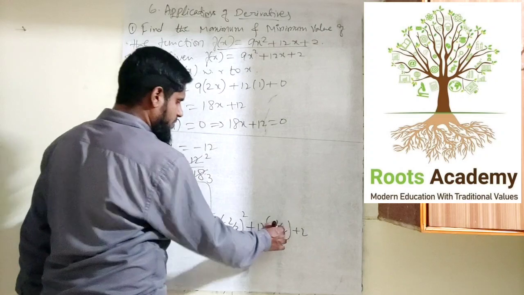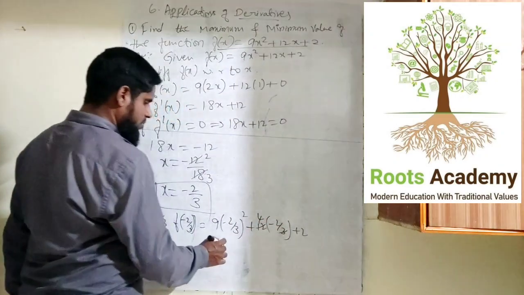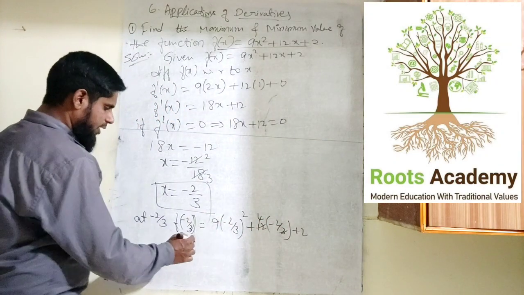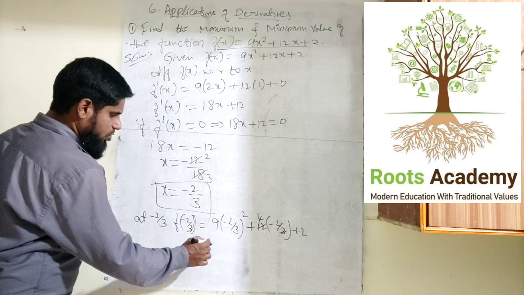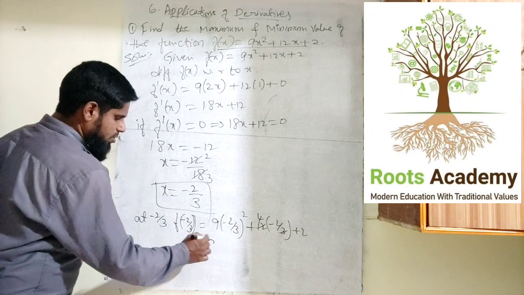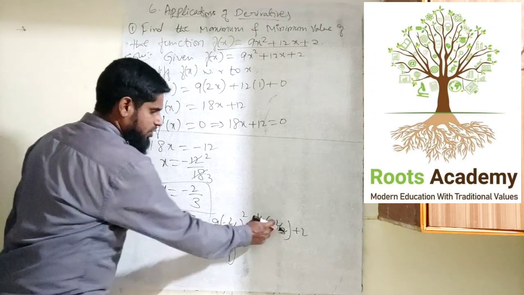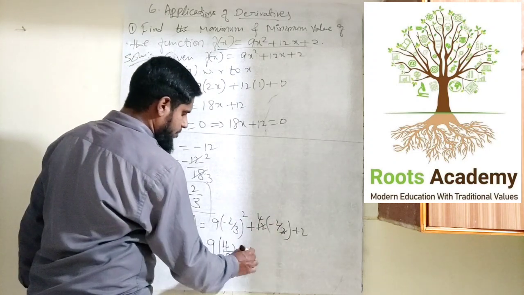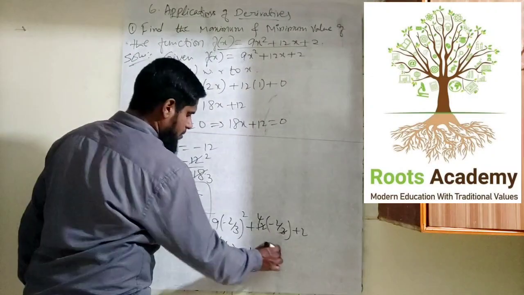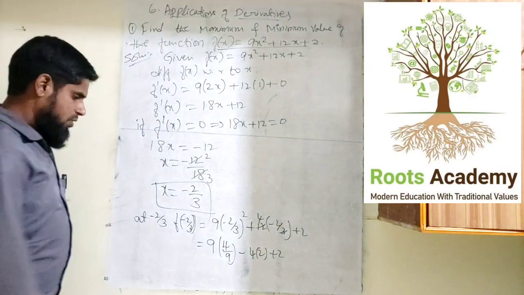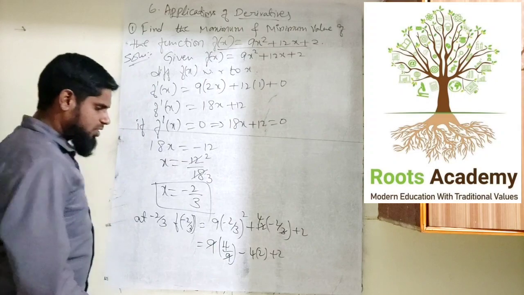So student, here 3 one times, 3 four times, 3 square is 9 and 9 gets cancelled here. So it is 9 into 4 by 9 plus 12 into minus 2 by 3, that is minus 4 into 2, plus 2. So this 9 and 9 gets cancelled.